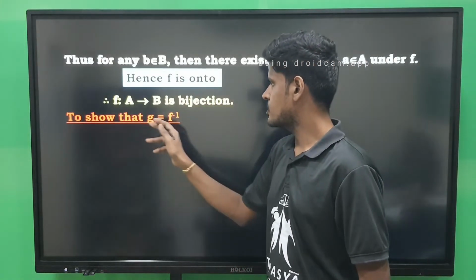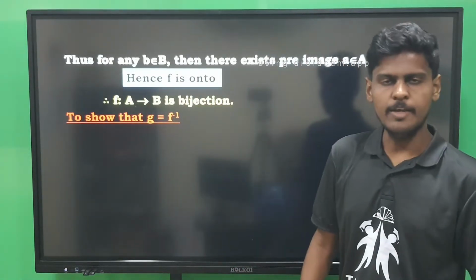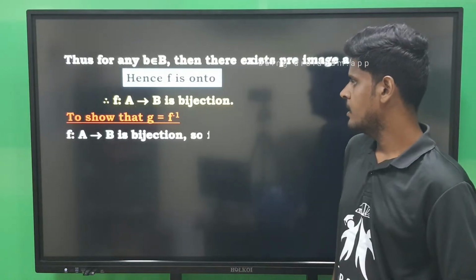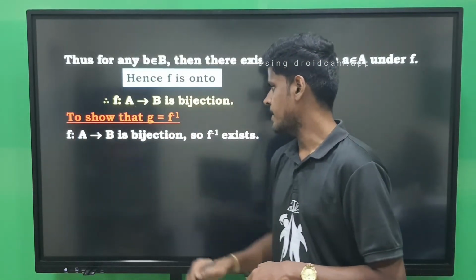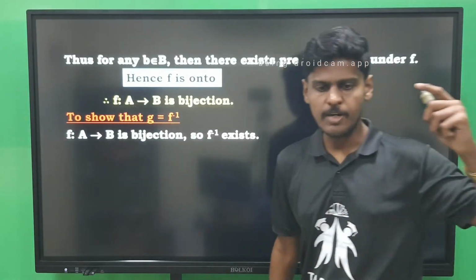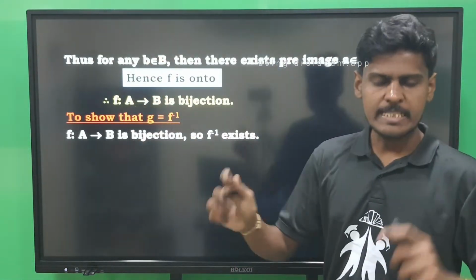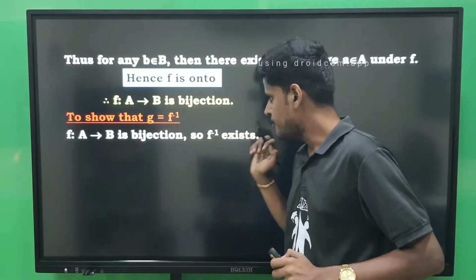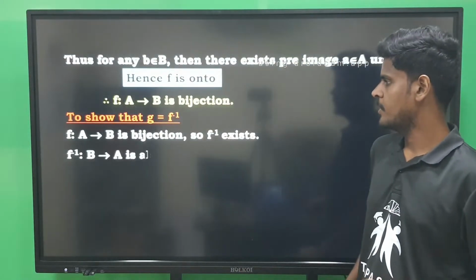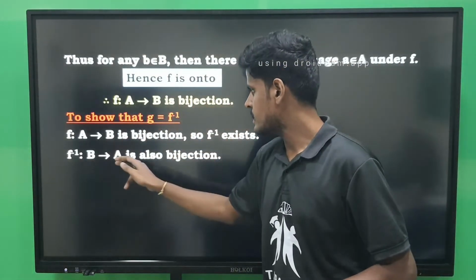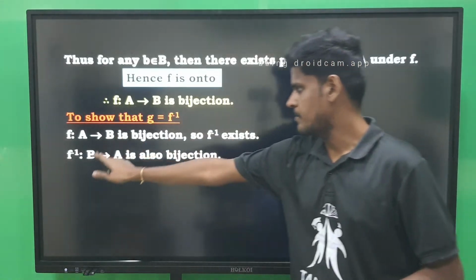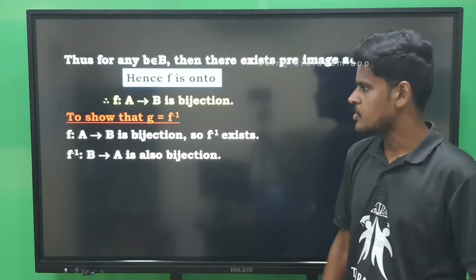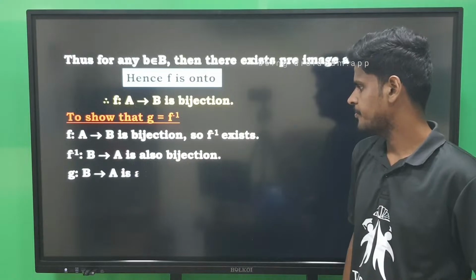Now similarly we should see if g equal to f inverse or not. For proving this, f is a function mapped from A to B that is a bijection. That is what we have discussed till now. As f is a bijection, so f inverse exists. Now what is f inverse? It is a function from set B to set A. This is also a bijection function.